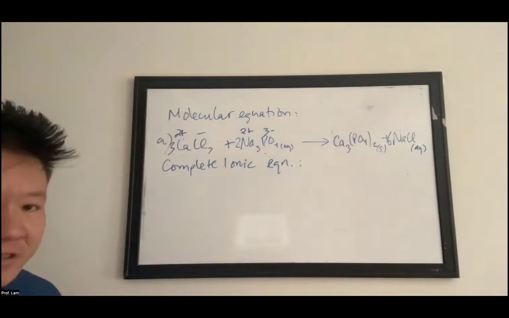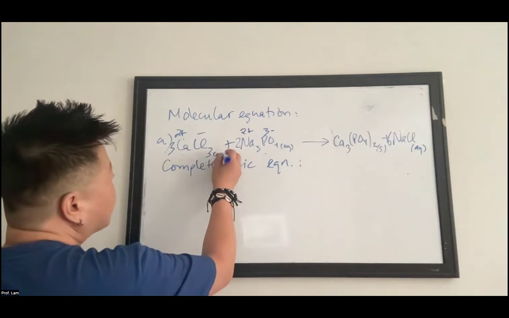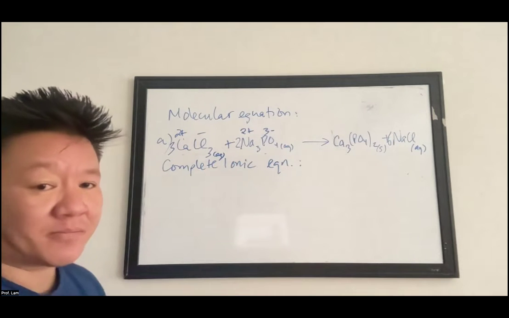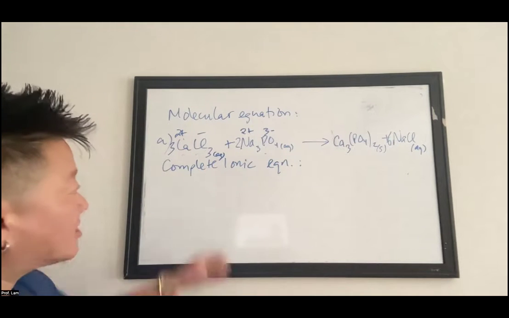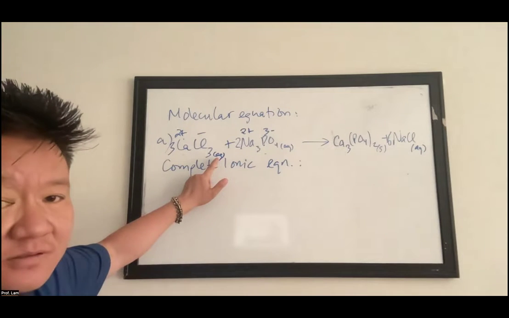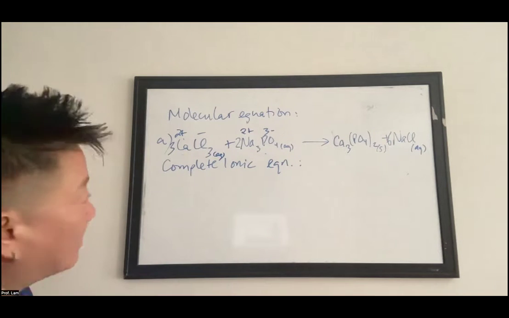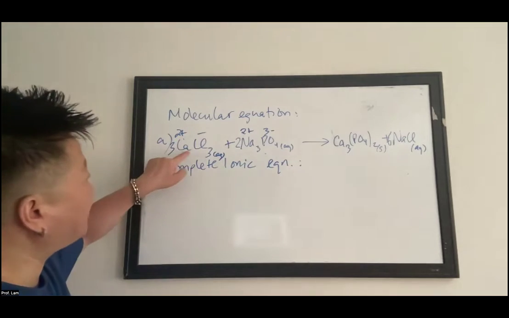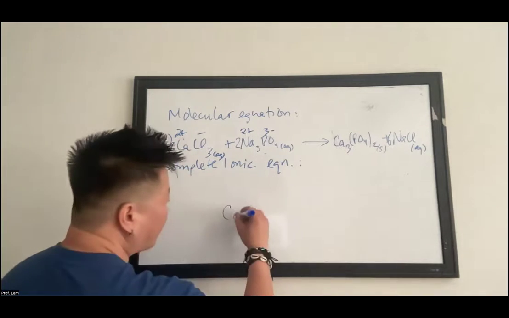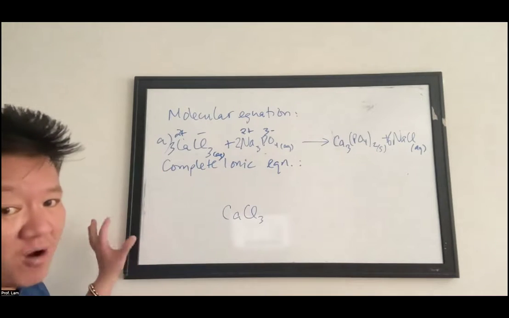In the complete ionic equation, remember what we said? Things that are aqueous are not stuck together because water has come between them and separated the ions. So in the complete ionic equation, anywhere you see aqueous, you're going to split up all the ions. So for CaCl2, water is going to come in between and pick all of the ions apart.